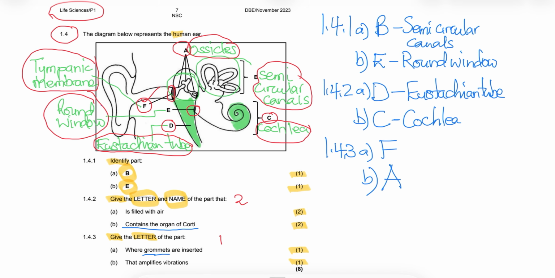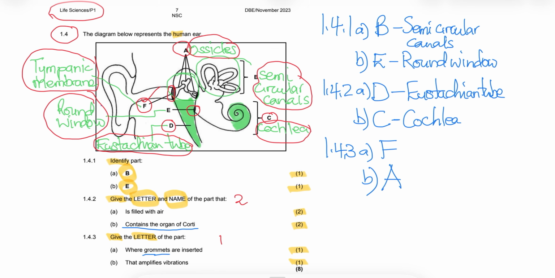All right, so we're done answering the questions. But let us look at how the markers would mark this question at the end of the year. Let's say you get the same question and you answer it this way. Let's see how the marker is going to mark your answers.